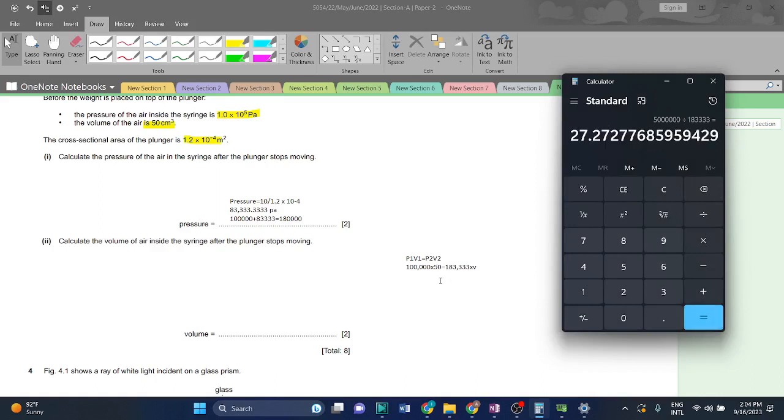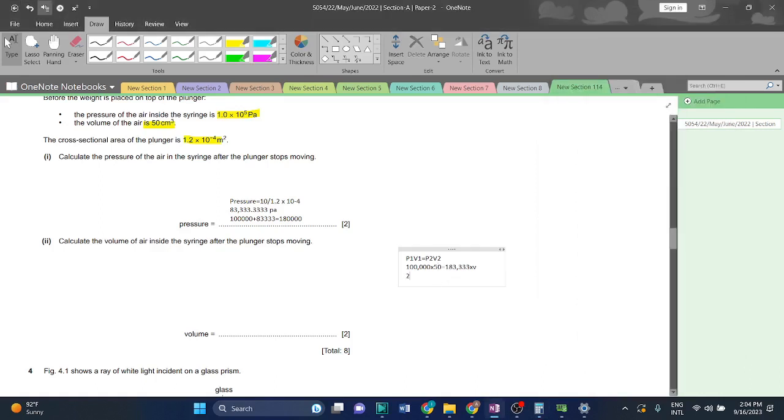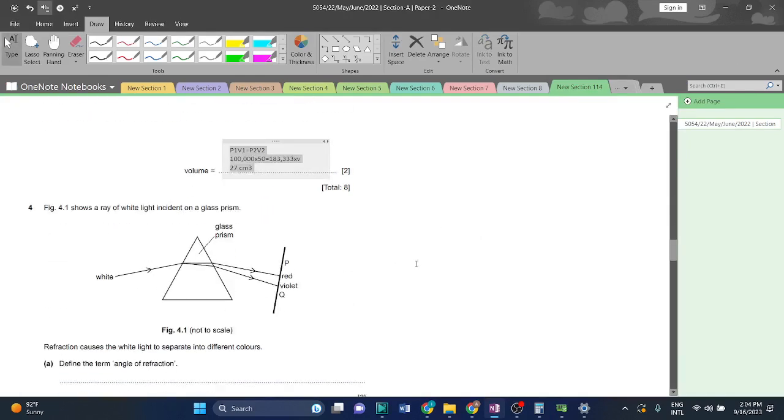That will give us 27 centimeter cube of volume. The new volume found will be 27 centimeter cube.